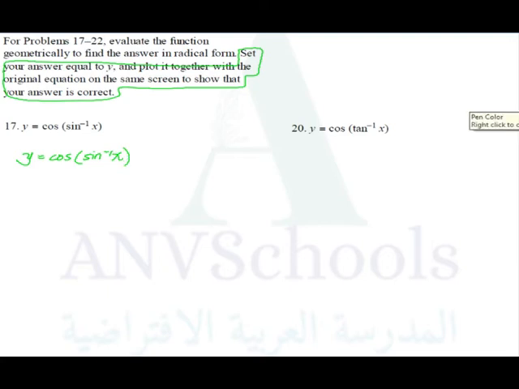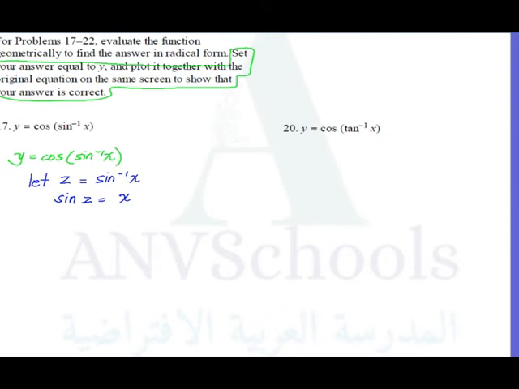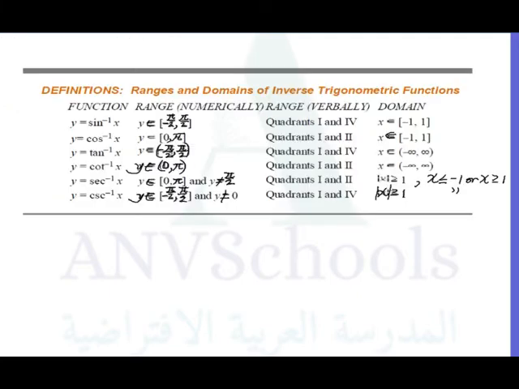So in this case, let z be equal to the inverse sine of x. So sine z is equal to x. And the principal branch of the inverse sine of x is in quadrants 1 and 4, as written here. So sine is in quadrants 1 and 4.